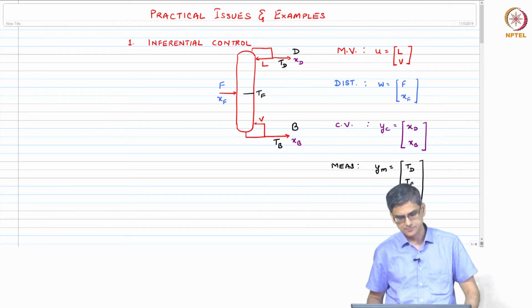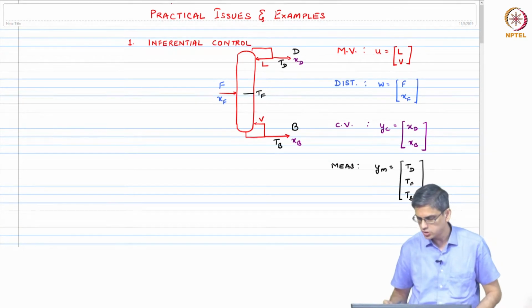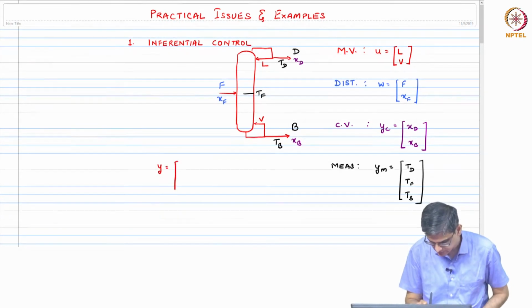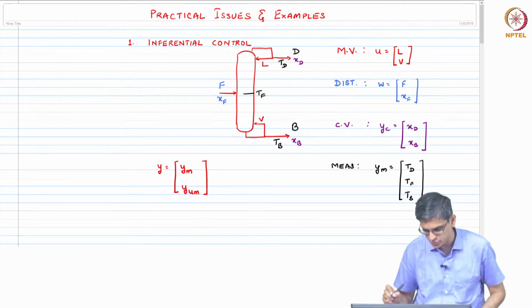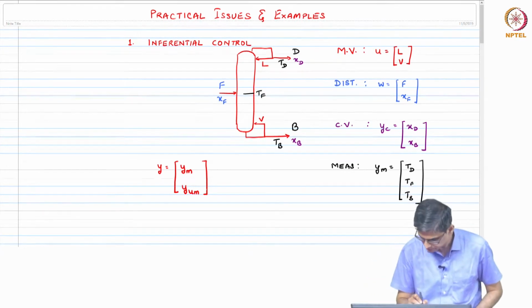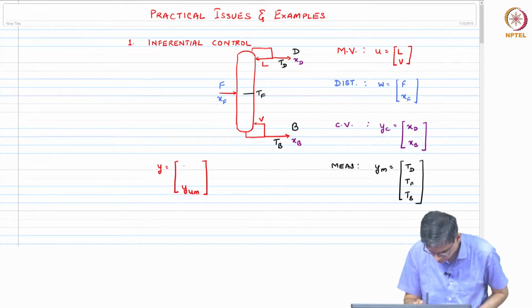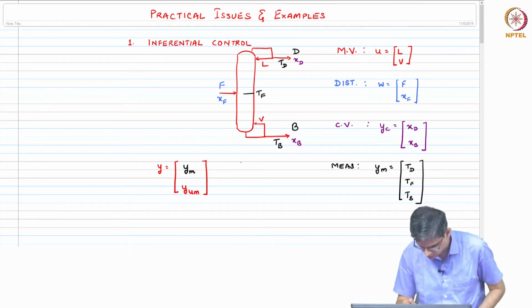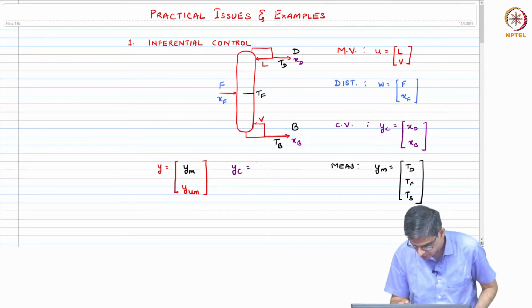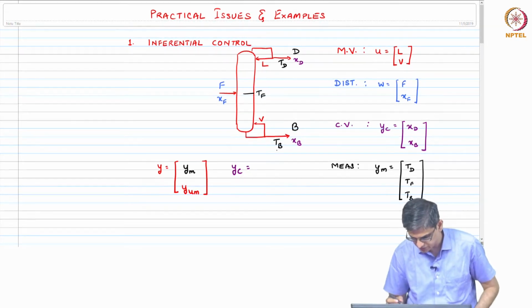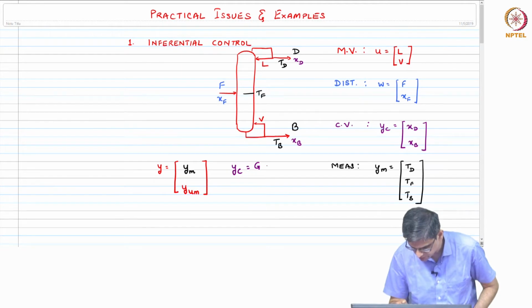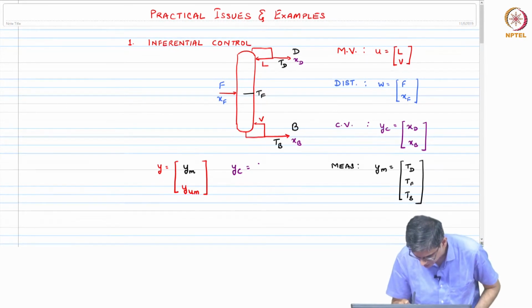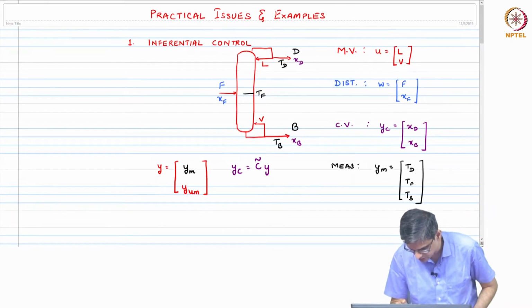So, this would be one example. Oftentimes, in your MPC toolbox, you have Ym, which is nothing but your measured variables, and Yc equal to some, let us call it c tilde, multiplied by y.